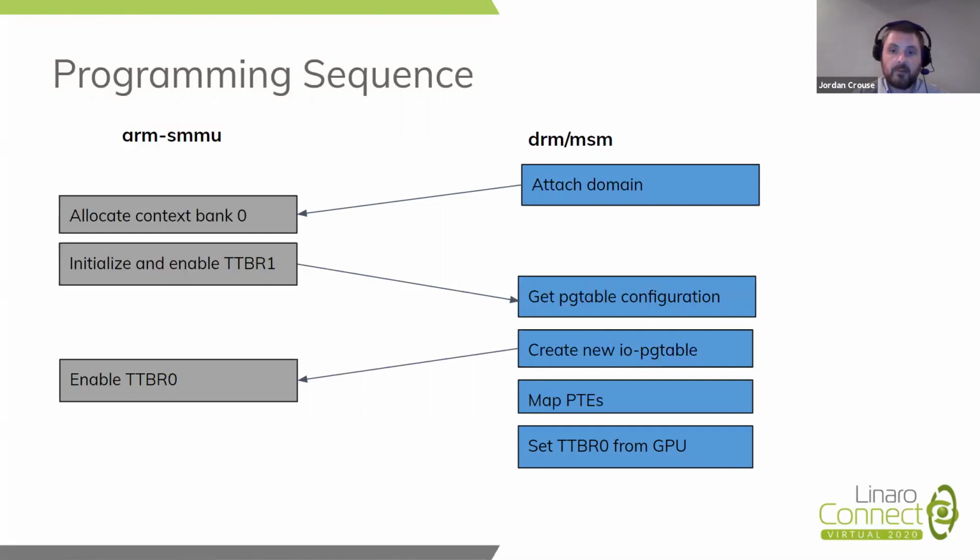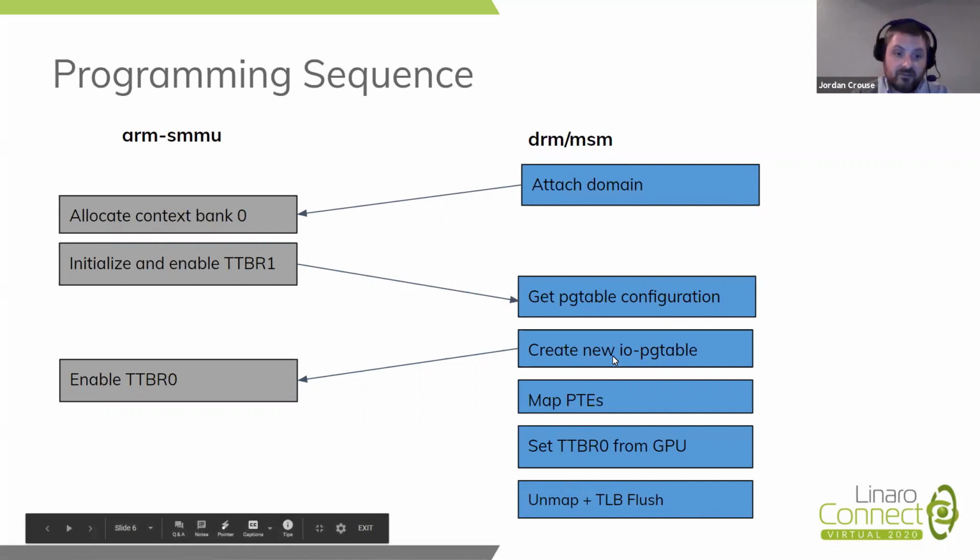So we'll use the opcode inside of the command processor to set the TTBR that we got when we created the IO page table, and set up all the registers and everything, and go. And we'll proceed, do the operations, and then when we're done with our memory, we will unmap it inside of the IO page table.